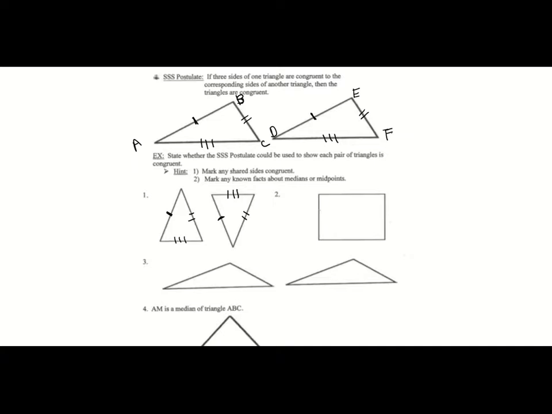So since we have all of those sides marked as congruent, those are all three sides of our triangle, we can write our congruency statement since we have side, side, side. So number one, triangle ABC is congruent to triangle... A matches.